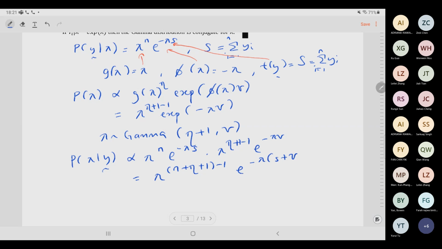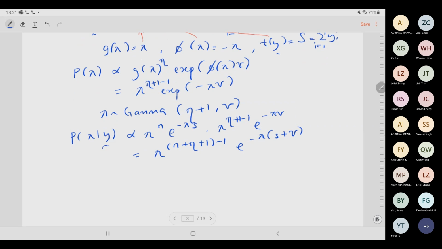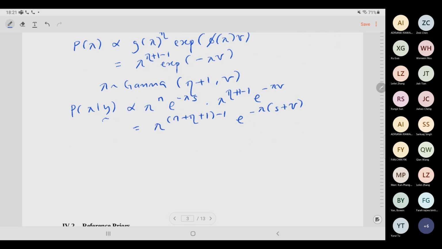So you can see, if you rewrite your posterior, it also has a gamma kernel. You have a gamma kernel, so the lambda has a posterior distribution that is a gamma distribution. This is why you have to be careful with the notation: it is n plus eta plus 1, and then you have s plus v.